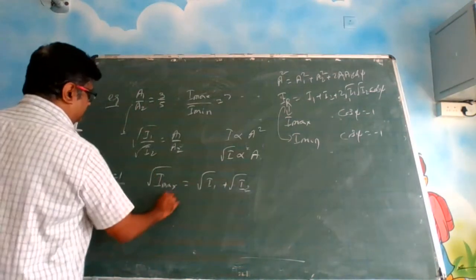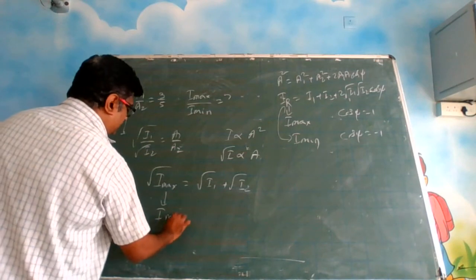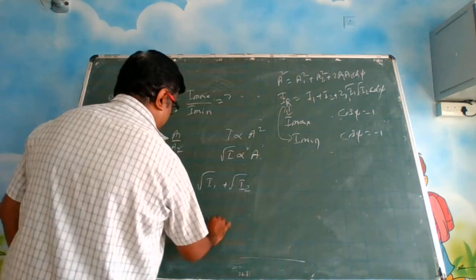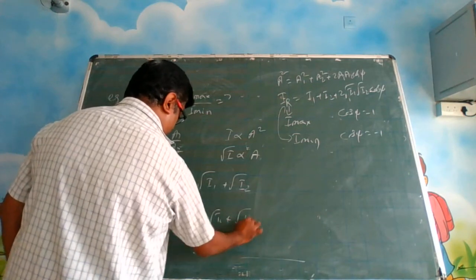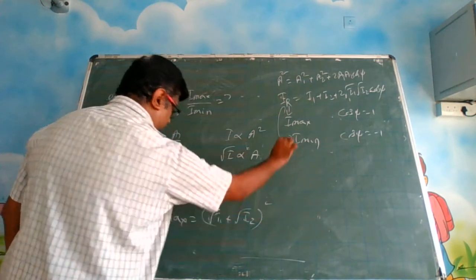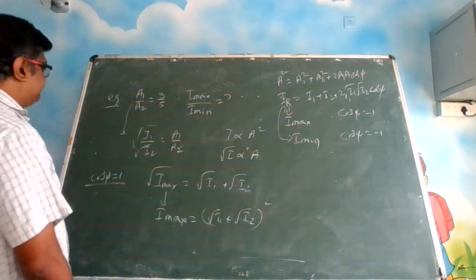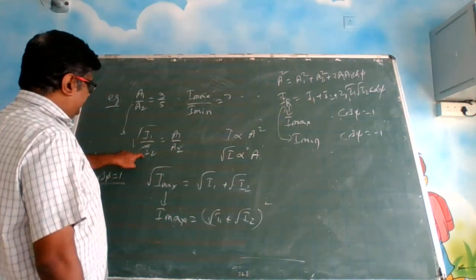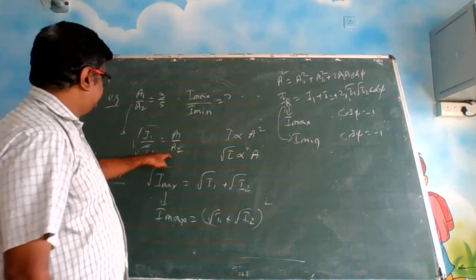So can we write I max is equal to square of this, root over I1 plus root over I2 whole square. Now look here, root over I1 by I2 is given as A1 by A2, which is 3 by 5.